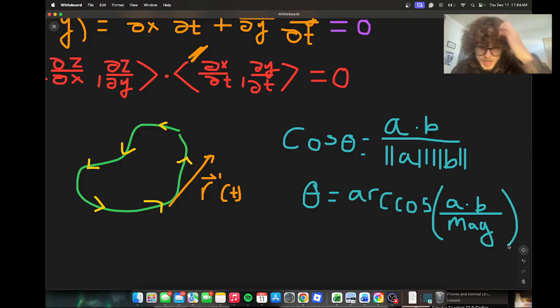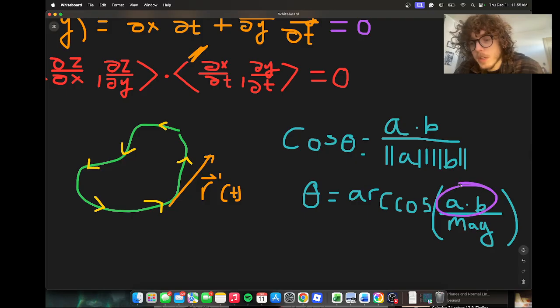The magnitudes of A times B. So for theta to be 0, we know that the dot product, because the denominator can't really be 0 or else it would be undefined, right? And you can't really have magnitudes of vectors be 0 unless you just don't have a vector, really. That would be kind of weird to think about.